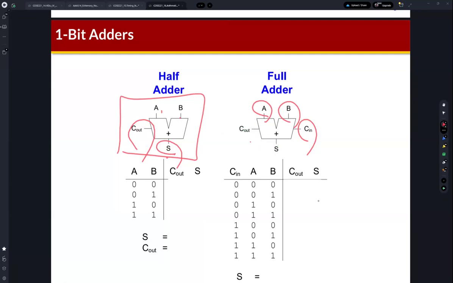So, we define input signals and output signals, and then based on the input and output signals, we can identify the values of output signals like C out and S. What are the values of C out and S? Is it 0, 0? 0, 1? What is the sum? Sum is 1. But carry is not generated, right?